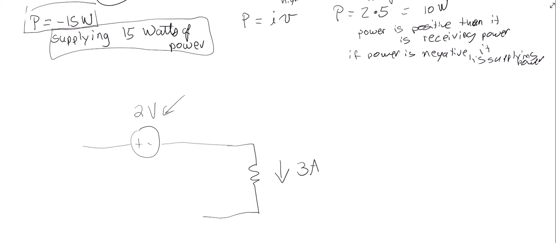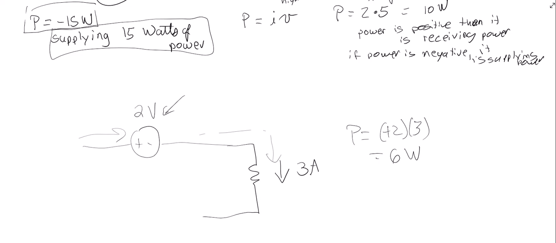So I need to look for my current and determine what side my current entered into this voltage source. So if it's going in this direction, it entered on this side. So it entered on the positive side, so the power is plus 2 times 3, or 6 watts.